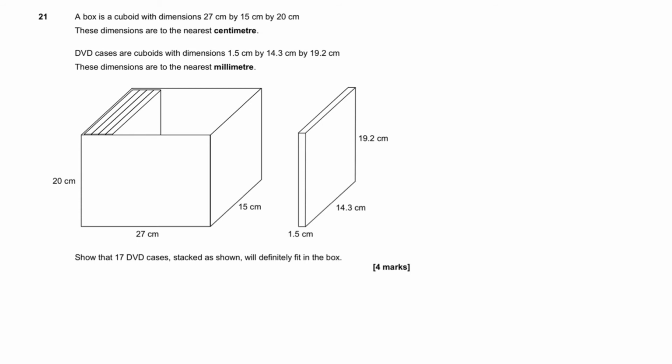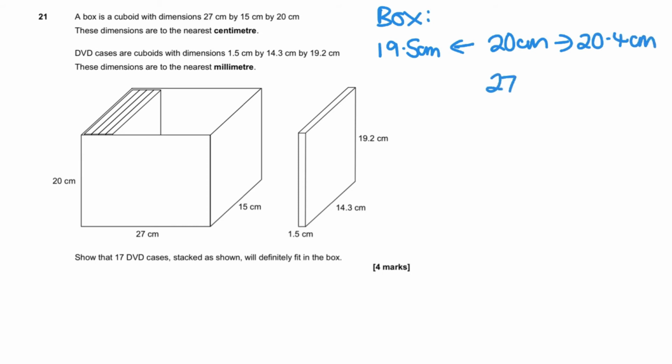So because all of these values have been rounded to the nearest centimetre or the nearest millimetre, we need to work out what the smallest and the largest possible values could be for all of them. So for the box, the 20 centimetre length has been rounded to the nearest centimetre, so the smallest value it could be is 19.5 centimetres. The largest value it could be is 20.4 centimetres.